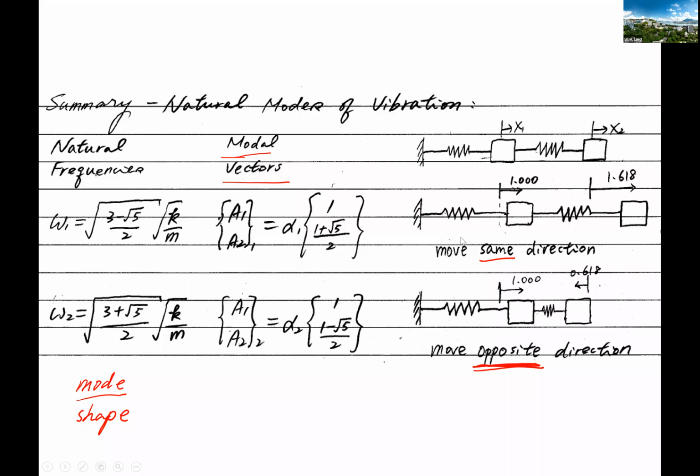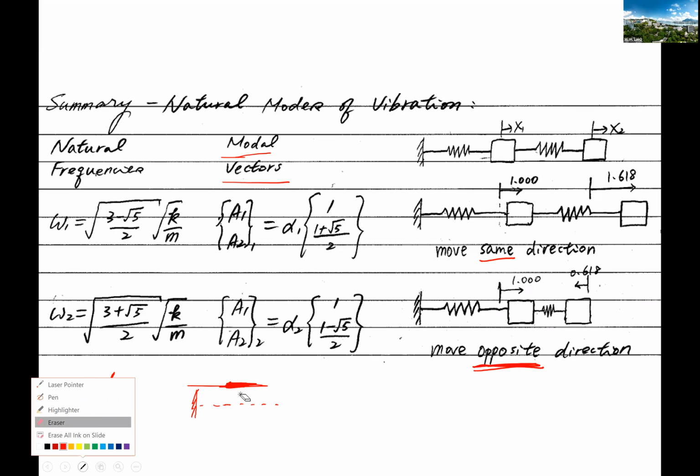So we can just draw some key features. For example, this is a fix, right? Then this is a reference, like 0. And for M1, this is a point I just put down. It's just a point, right?